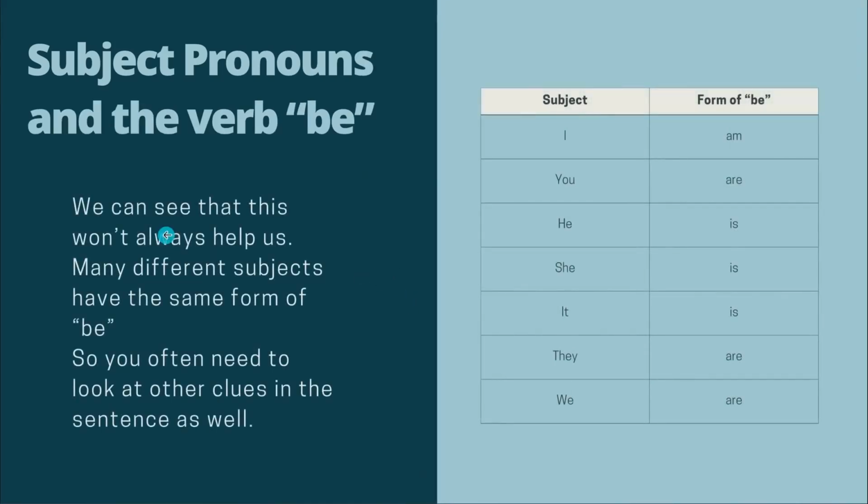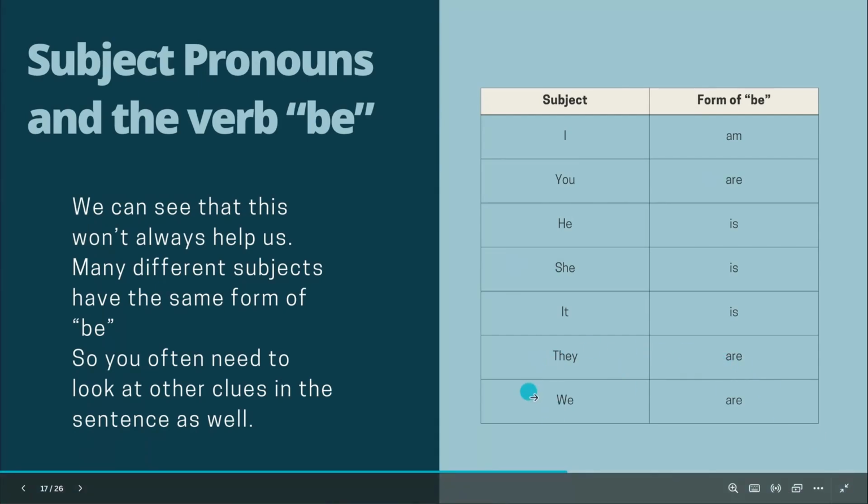So as I was saying, we can't always use this to help us. Even though am was pretty straightforward, because we can see am is the only form of be that we can use with I. It's not always like that. For example, look at the form of be that's are. We can say you are. But down here we can also see they are, we are.